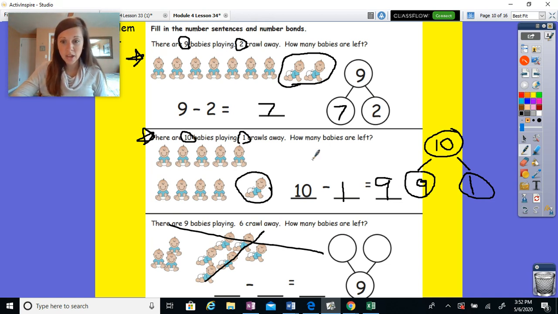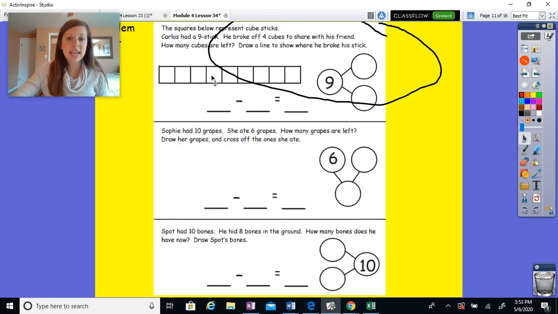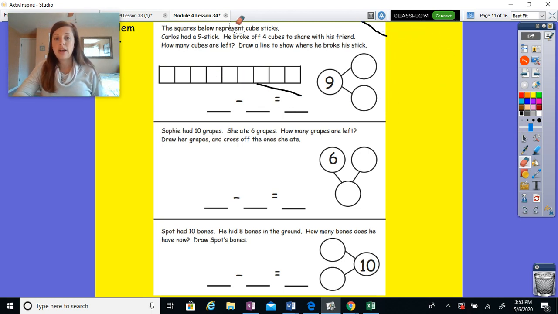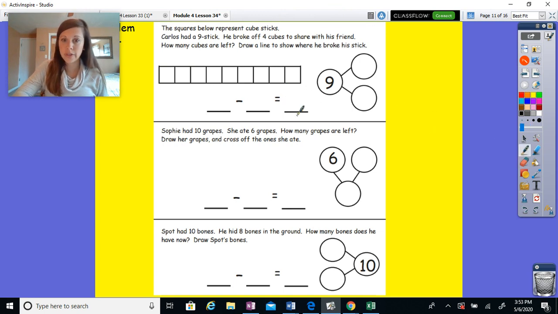Okay. Now remember, in your messages, you're going to be getting this problem to do by yourself. So we'll read it really fast. Carlos had a 9 stick. He broke off 4 cubes to share with his friends. How many cubes are left? Let me erase my circle here. I'm just going to give you a quick hint that will help you to do this.